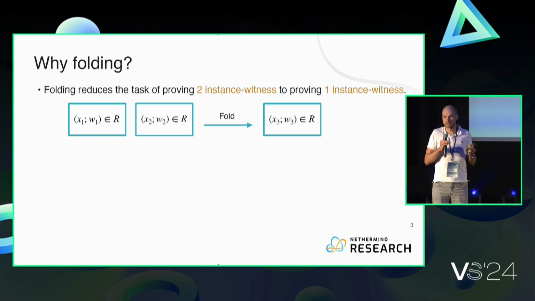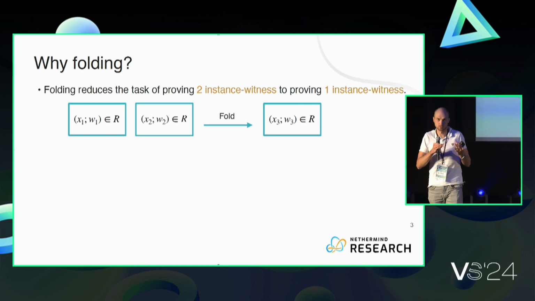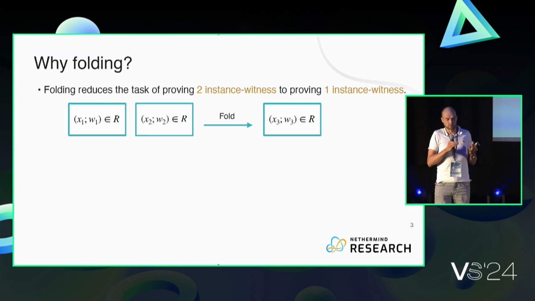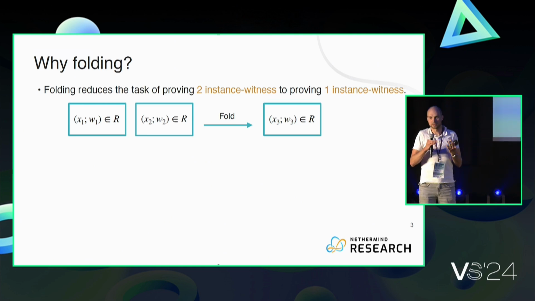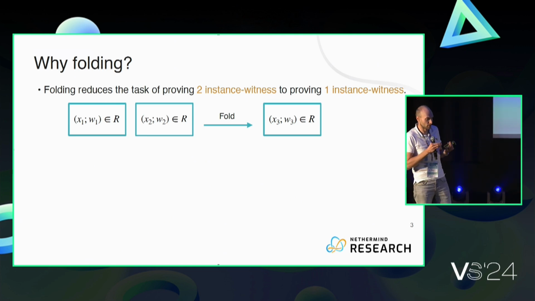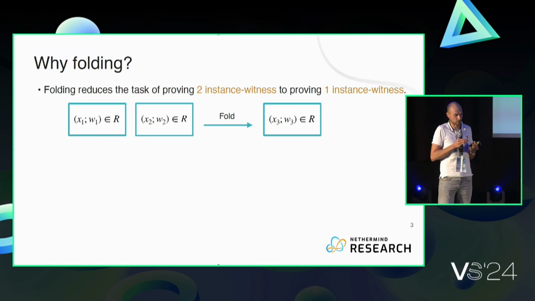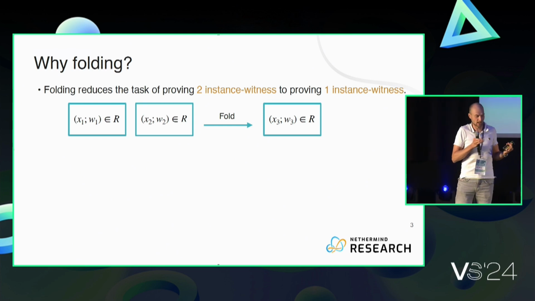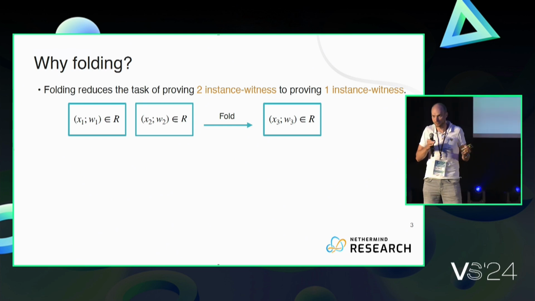If you have a prover that was tasked to prove both X1 and X2, at the end of the day the prover needs to prove something much smaller, X3, W3. It's not smaller than each of X1 and X2, but it's smaller than proving both separately.